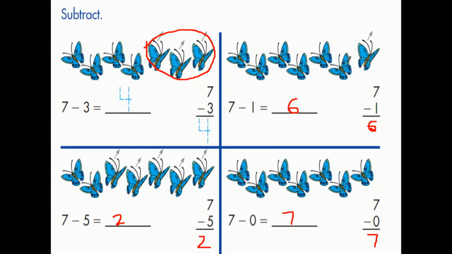Again here, if you cancel 1, or 1 flew away, how many are left? 6. Again here, 7 minus 5. Look, this arrow shows what is left. So how many? 2. Again here, 7 minus 0. None of them flew away, so how many are left? 7.